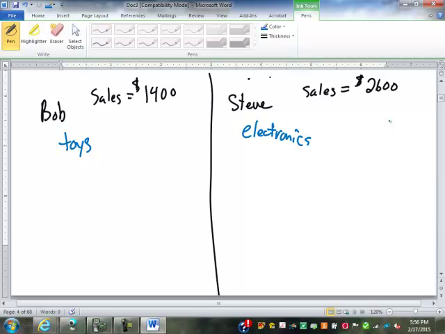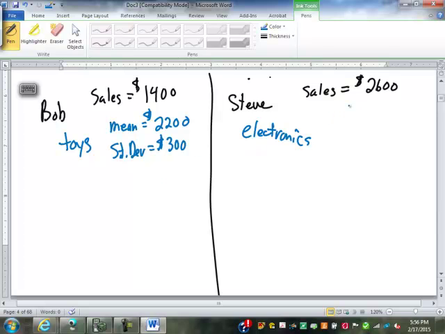So what we need to do is look at the other people in each department. And let's say that for that particular week in question, all of the salespeople in toys had a mean sales of $2,200 and a standard deviation of $300.